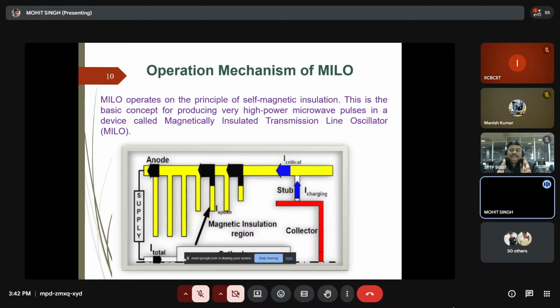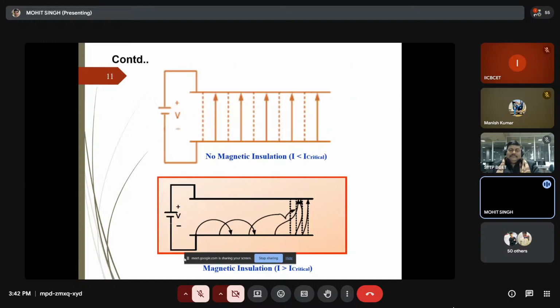Now, whenever this voltage is sufficiently high only, then the force associated with the self-generated magnetic field will be strong enough to bend the electron trajectories. I will show two diagrams here for that statement.